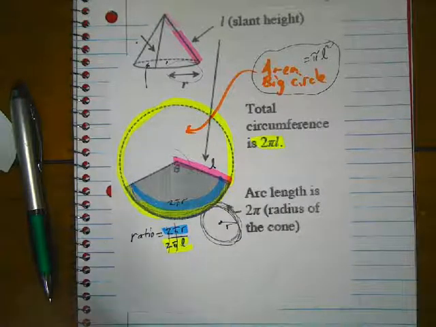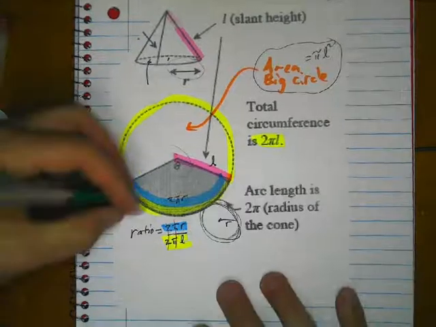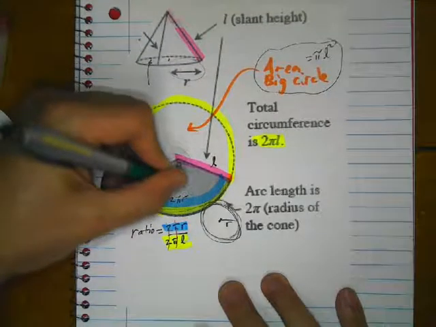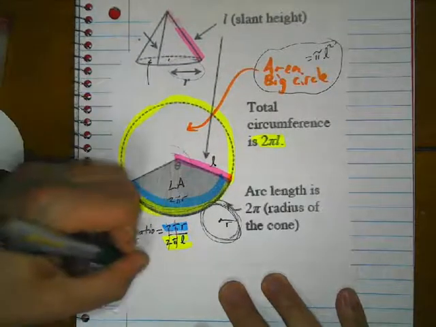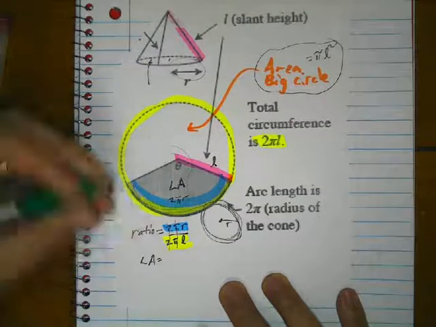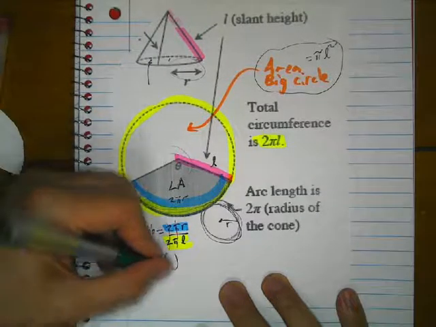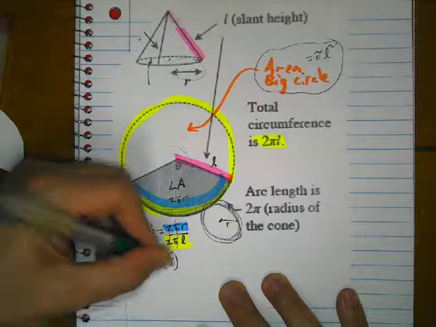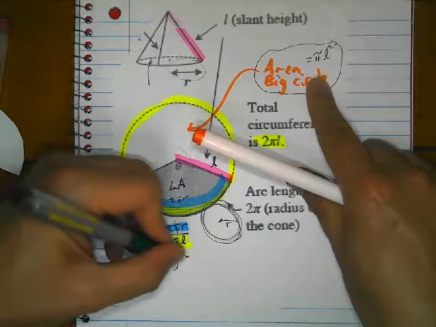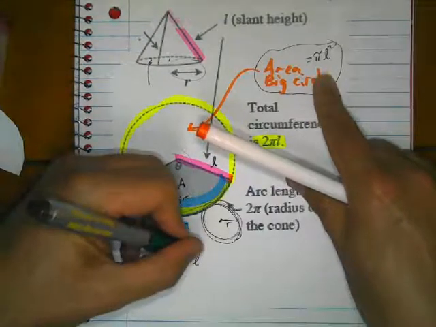So this slant height area, the lateral area, is equal to the ratio, which is r over l, times pi l squared.